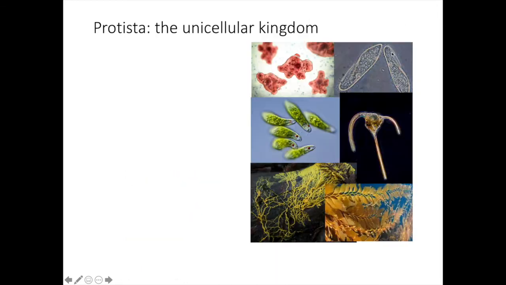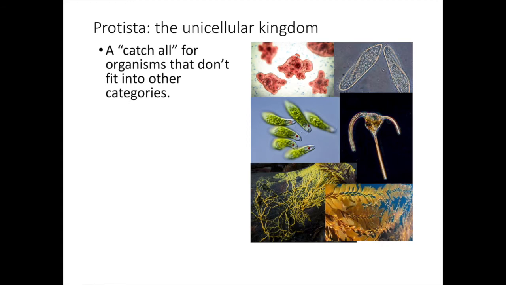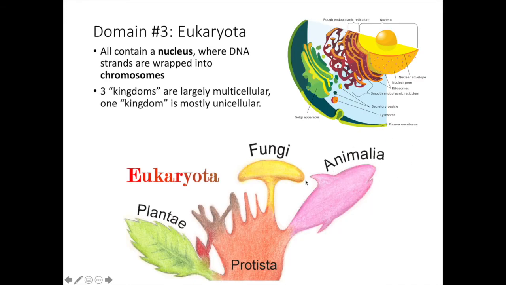The protists are the catch-all. These are mostly unicellular organisms. Some of them are more plant-like, some of them are more fungus-like, as I showed you here. Some are more animal-like, but the protists are basically all the unicellular organisms we can't put as a plant, a fungus, or an animal.